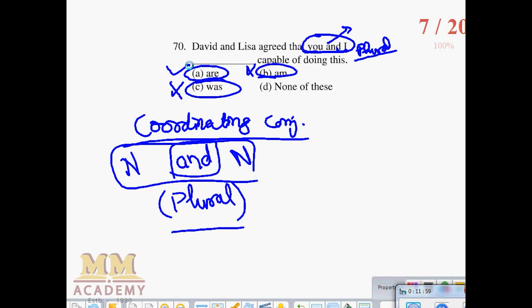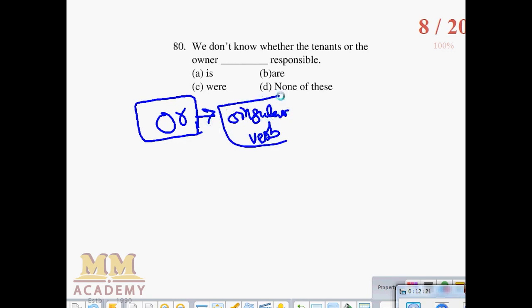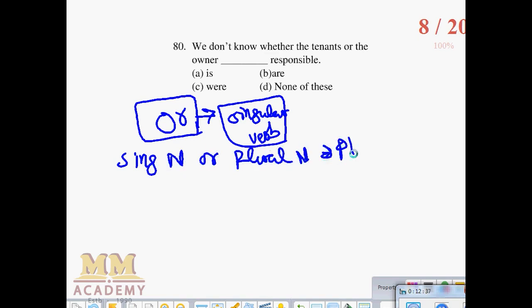Okay. Now, we don't know whether the tenants or the owner is responsible. Okay, again we've got "or." So whenever you get "or," it depends on the subject, right? If you have a singular noun, then "or," and then a plural noun, you have to use a plural verb.